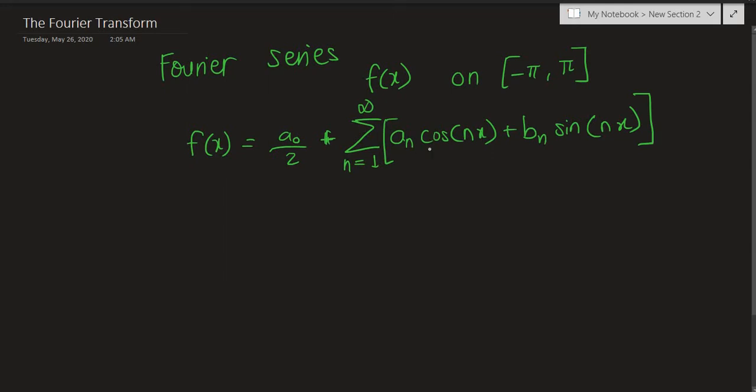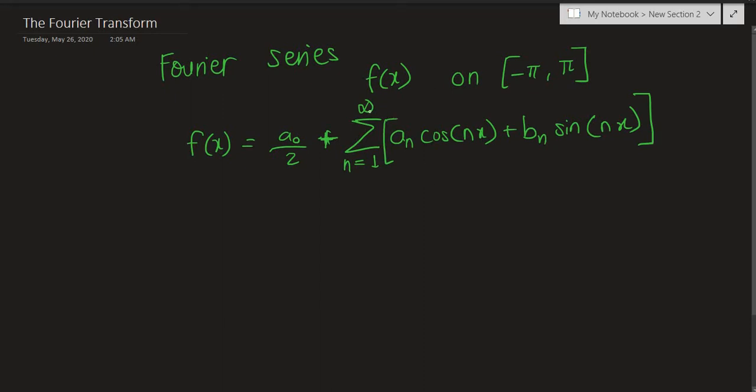So for n equals 1, a sub 1 will have some defined value, and for n equals 2, a sub 2 will have another value. So you can express any function of x as some linear combination of cosines and sines over an interval. So that's basically your Fourier series.